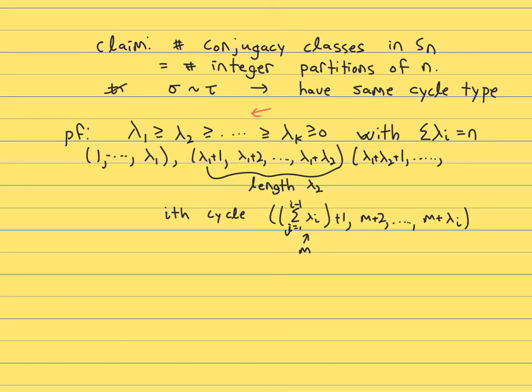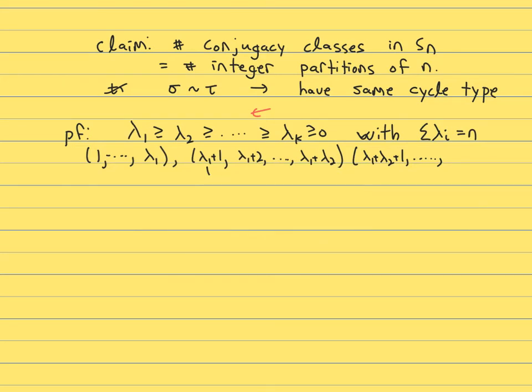Let's suppose we have a permutation of that cycle type. So let sigma have cycle type as cycles of length lambda. Let's suppose we can order them so that the length of the ith cycle is lambda i. Well then, let's actually look at sigma. Let's order it appropriately. So the first cycle I write down is C1.